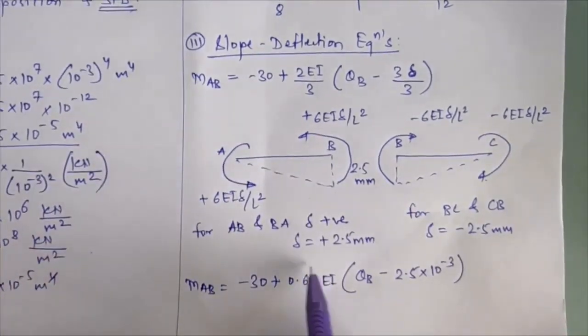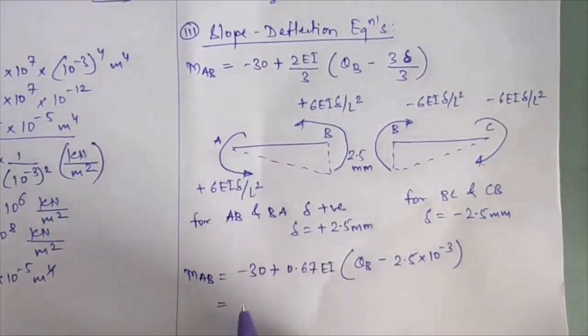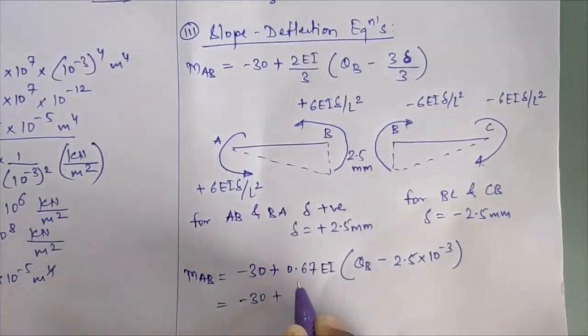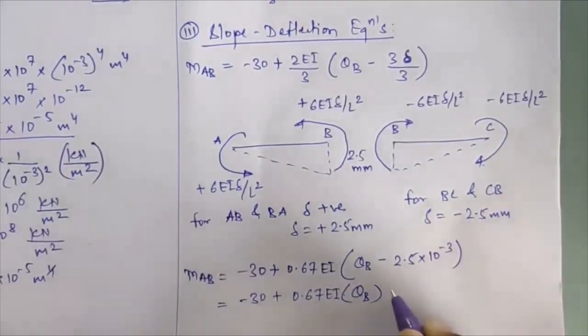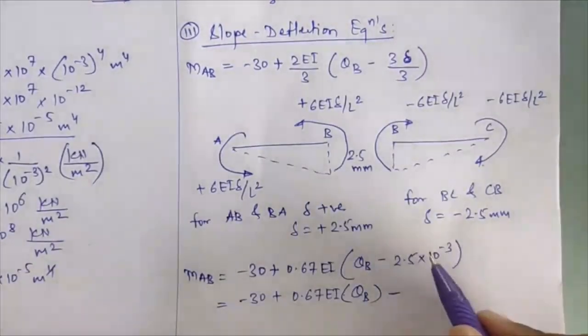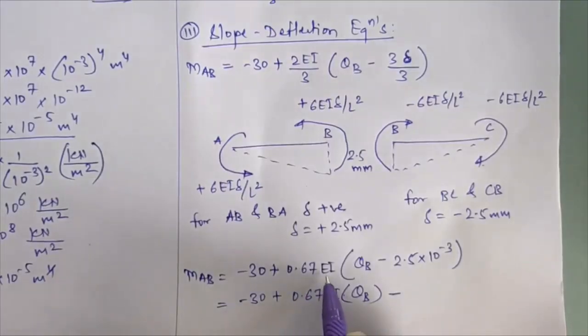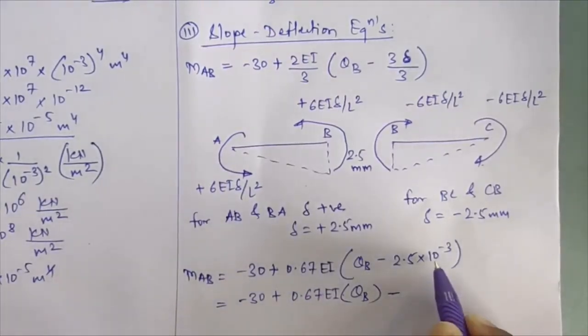Now I'll multiply this term into the bracket, so I'll get this as minus 30 plus 0.67 EI into theta B, and minus 0.67 EI into 2.5 into 10 raised to minus 3.